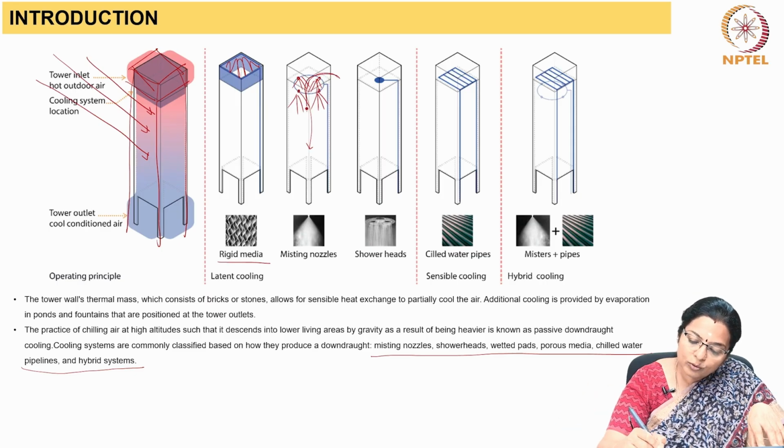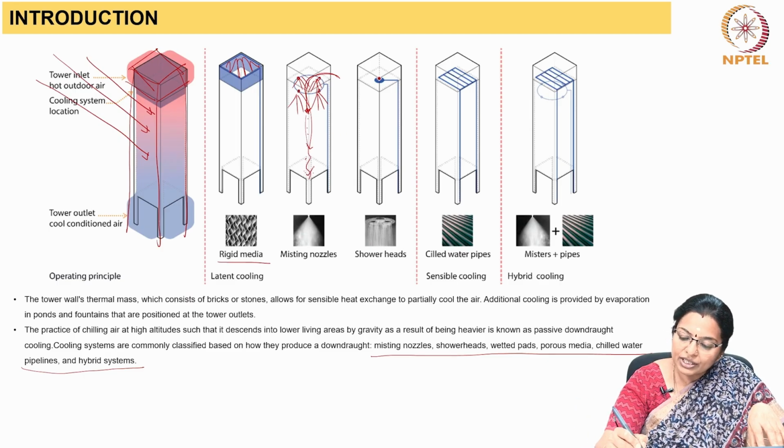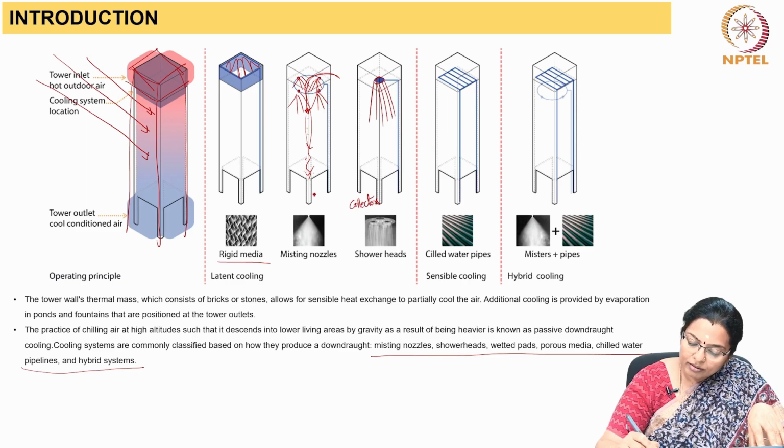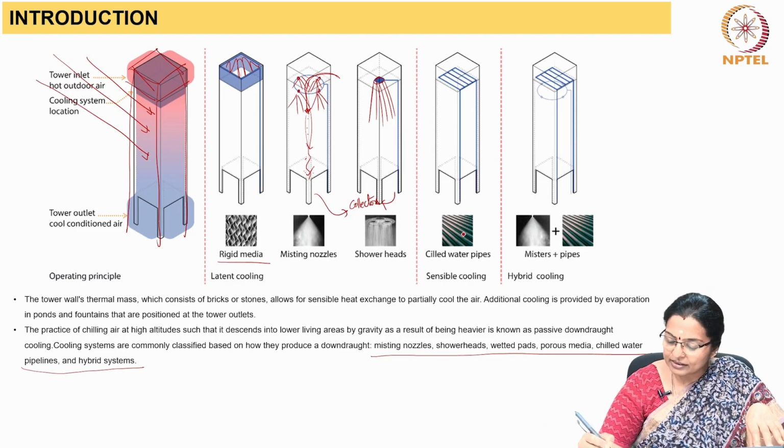When the air flows here, it becomes moist, and because of the weight, it comes down. The air flows down. Sometimes there are shower heads which throw water, and of course there has to be collectors below, here and here. Everywhere there has to be collectors.